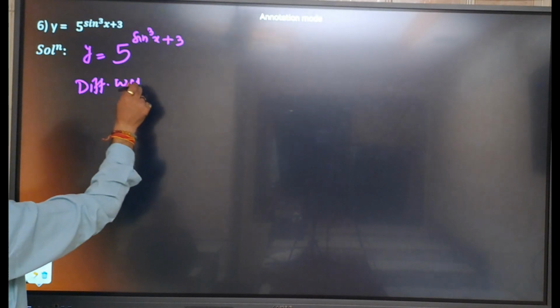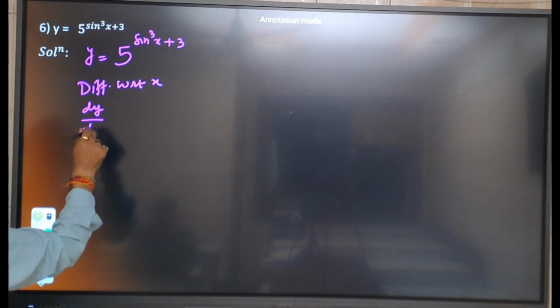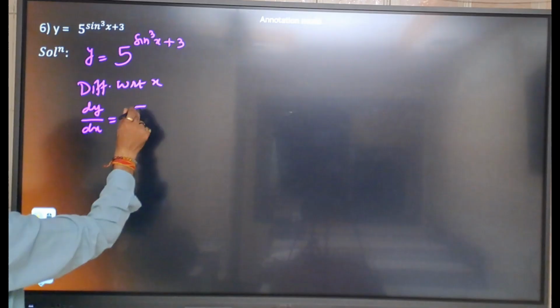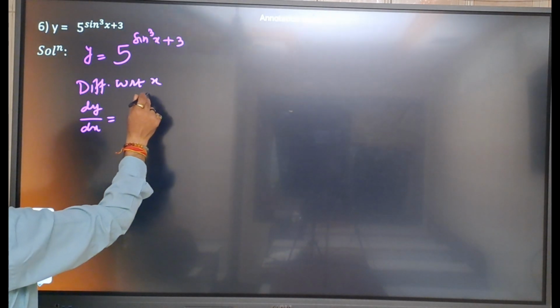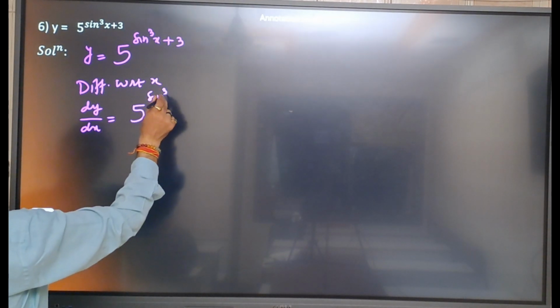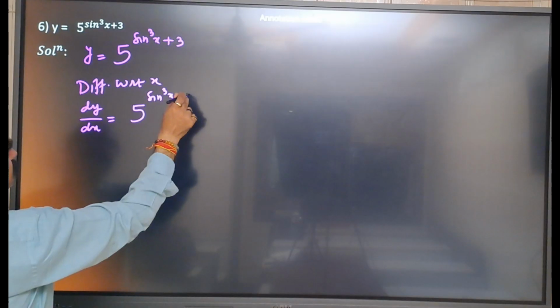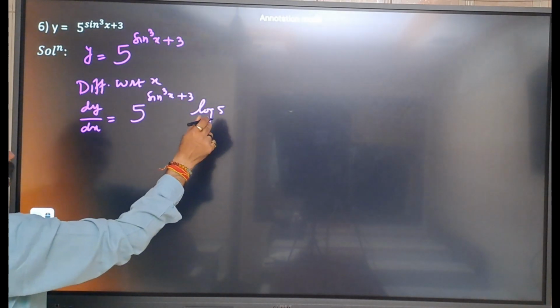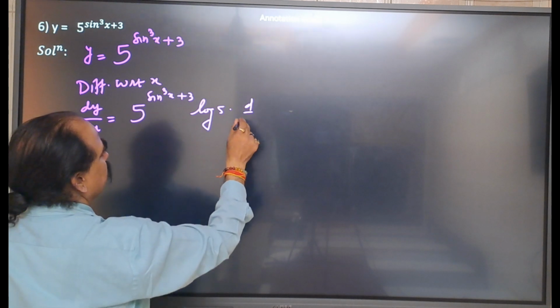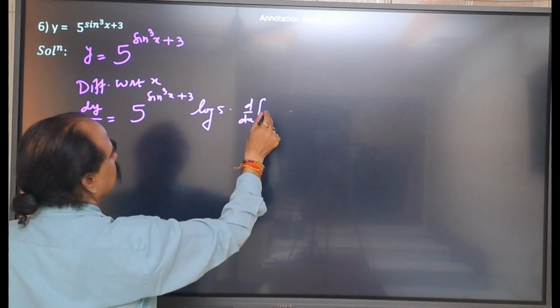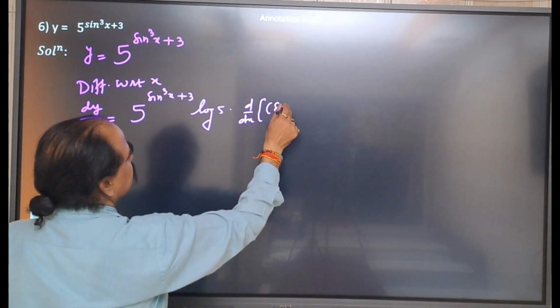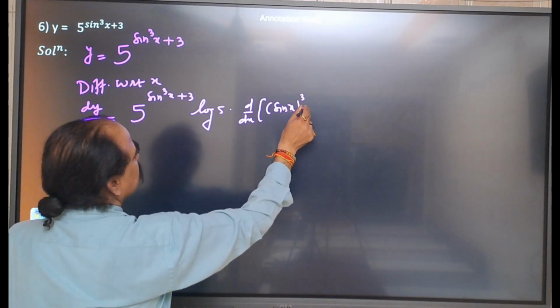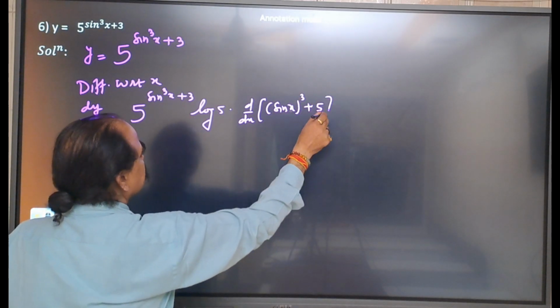Differentiating with respect to x, dy by dx is what? Derivative of a raised to x is what? A raised to x log a. So 5 raised to sine cube x plus 3 log 5 into derivative of sine cube x plus 3.